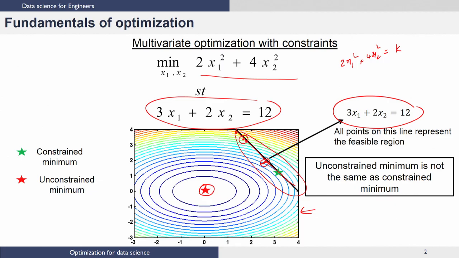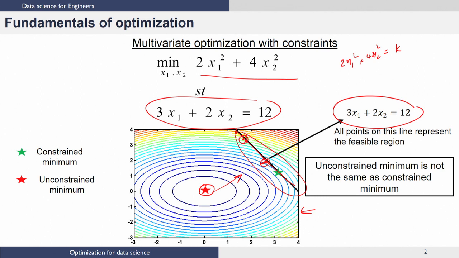This is because these are contours of increasing objective function values, and the contour that intersects this point is within the contour that intersects the line at this point.